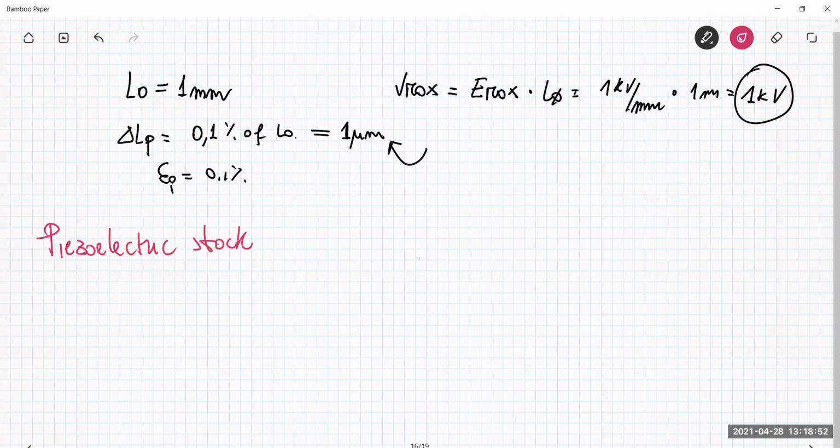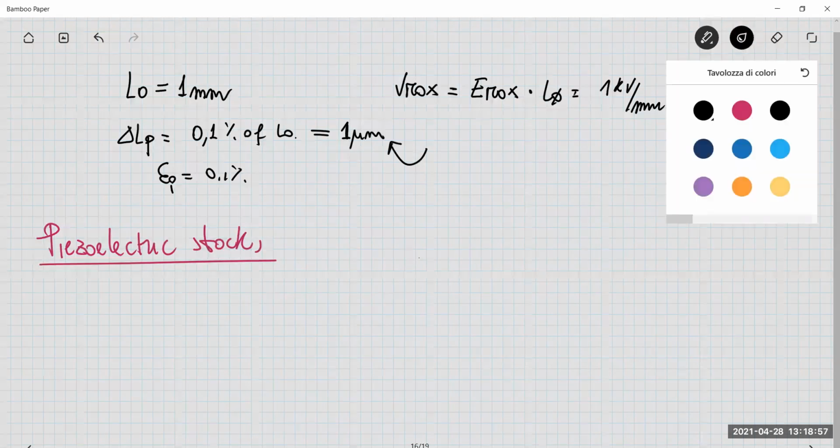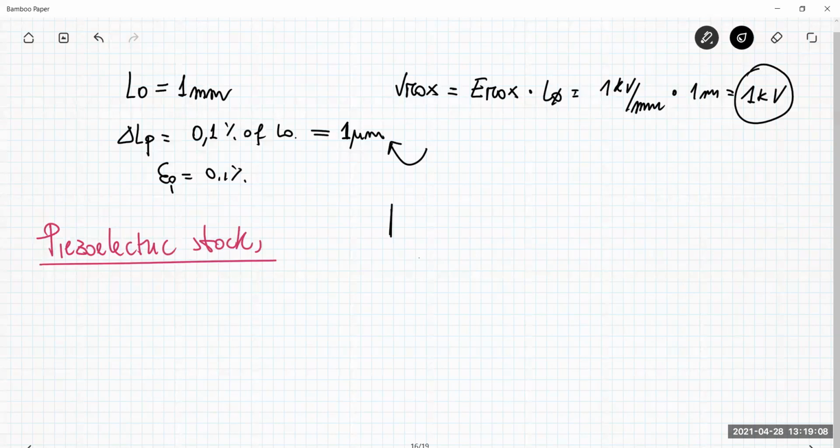The piezoelectric stacks basically are a construction by which you can connect more than one piece of PZT material. For example, suppose that I have this slice of material. Suppose more general discussion: this is L0, whatever it is.